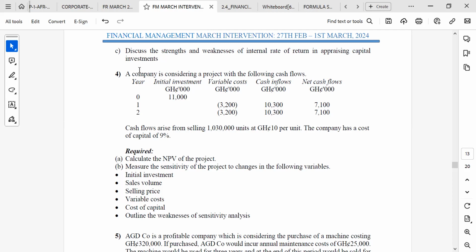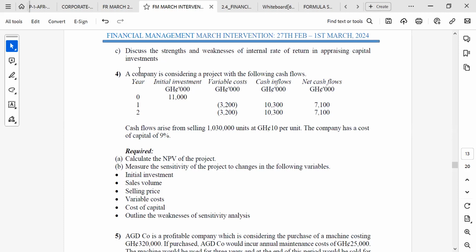We are estimating our NPV based on the initial investment being 1 million. But what if the initial investment increases by this percentage? How would that affect the NPV? How would the NPV of the project respond to that particular change? That's why we say sensitivity analysis.